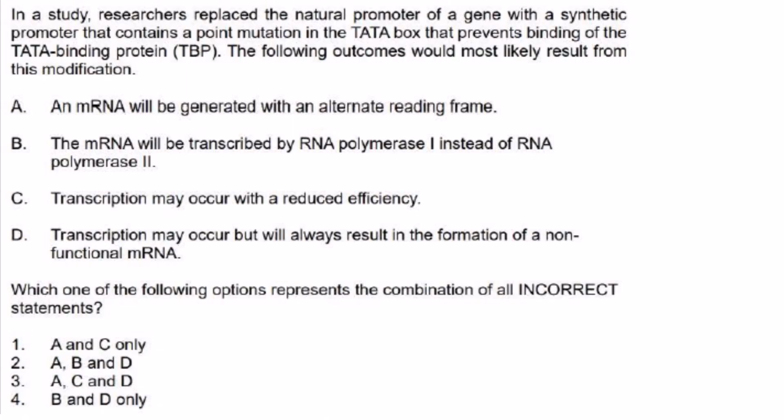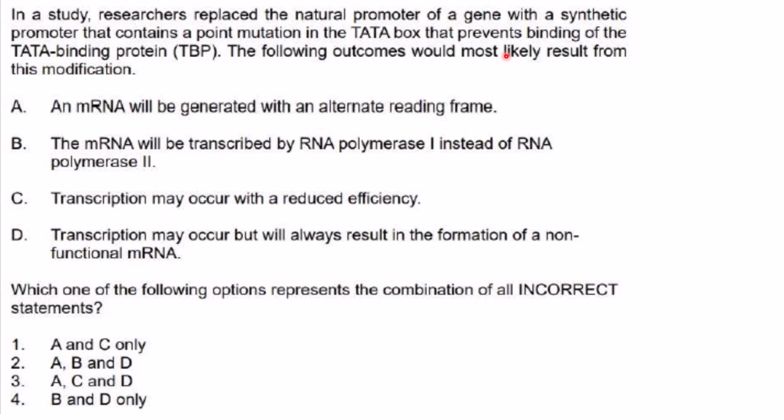Then next one, in a study, researchers replaced the natural promoter of a gene with a synthetic promoter that contains point mutation in the Tata box. Okay, now the real promoter, that is your Tata box, which was natural, they have replaced it, and in place of that a synthetic promoter which is having a point mutation in the Tata box was introduced.